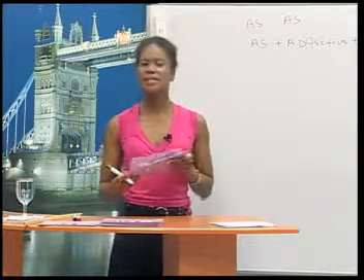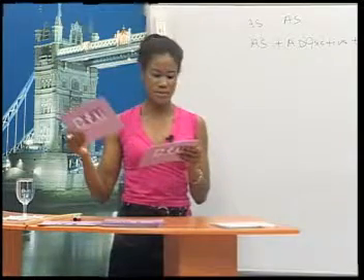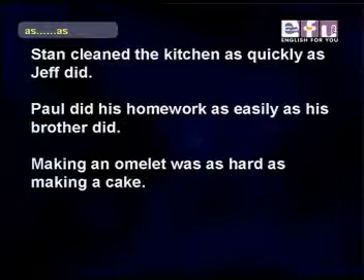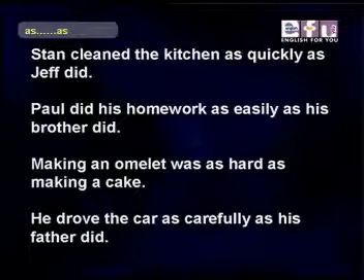Now, let's talk about as with adverbs. Take a look at these sentences. Did his homework as easily as his brother did. Next example. Making an omelet was as hard as making a cake. Next, he drove the car as carefully as his father did.